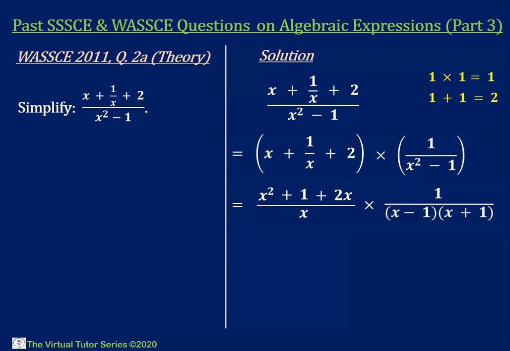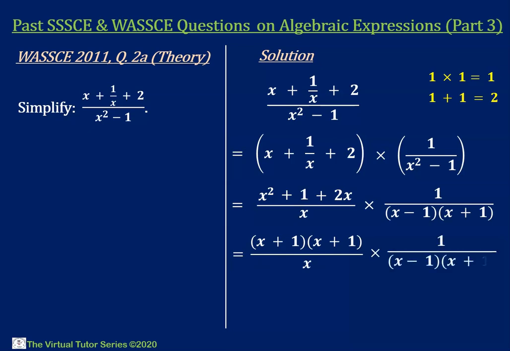Therefore, the factors of the expression are into bracket x plus 1 times into bracket x plus 1 all over x times 1 over into bracket x minus 1 times into bracket x plus 1.